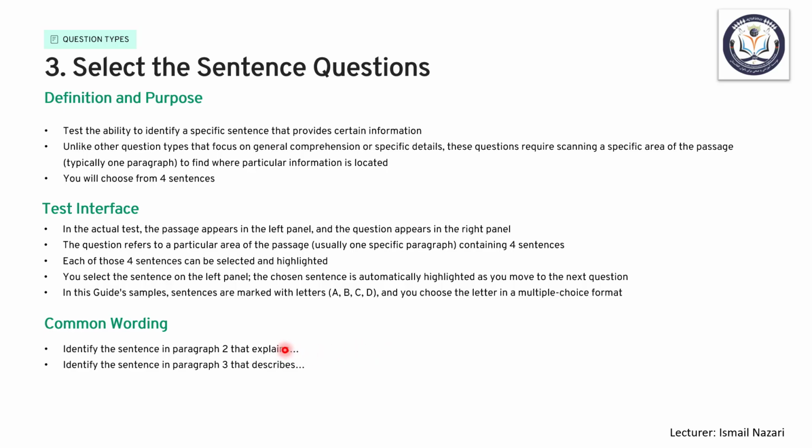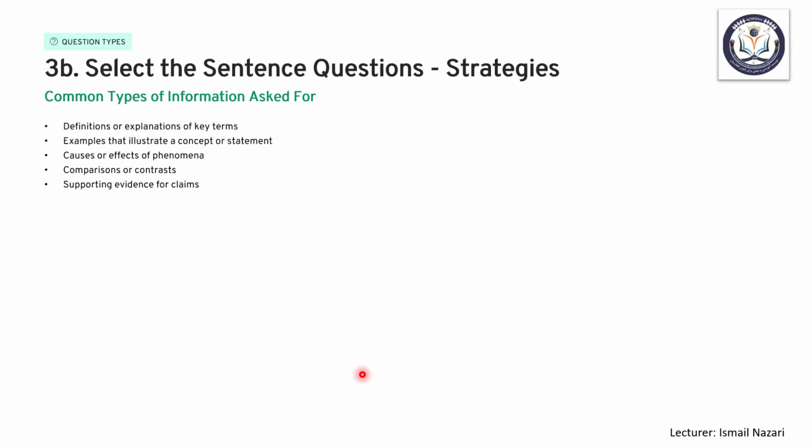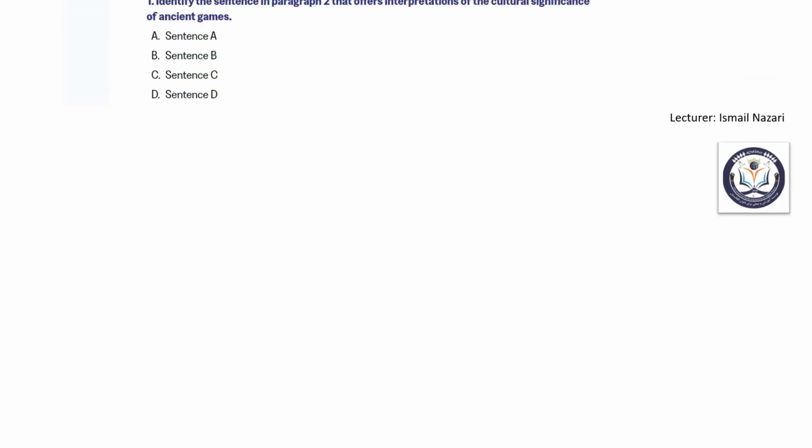We need to select the sentence from the passage which has a similar point of view. Or, identify the sentence in paragraph 3 that describes, and then the idea is given. So this is the select the sentence question. Before going to the common strategies, let me go to a sample one.